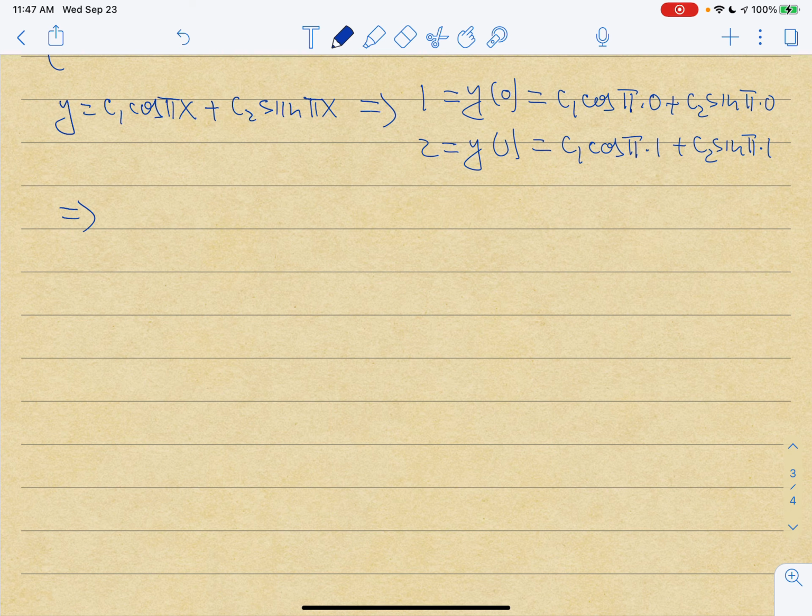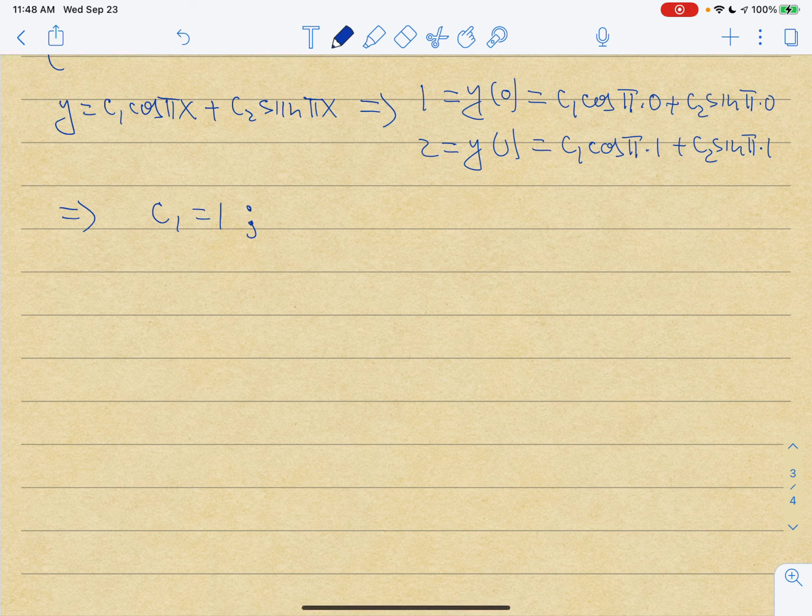So first of all, what is cosine of 0? Cosine of 0 is equal to 1, right? And sine of 0 is equal to 0. So c1 times 1 plus c2 times 0 must be equal to 1, so c1 is equal to 1. That's the first equation.